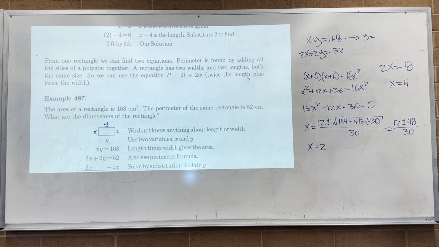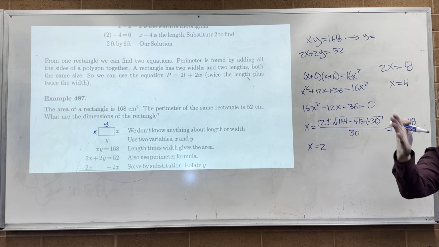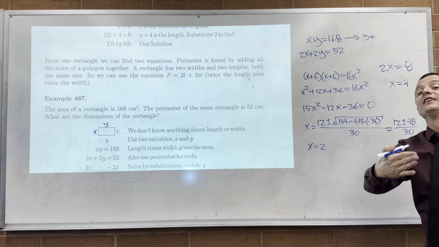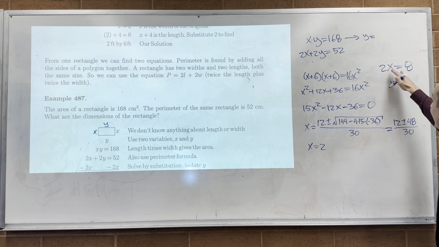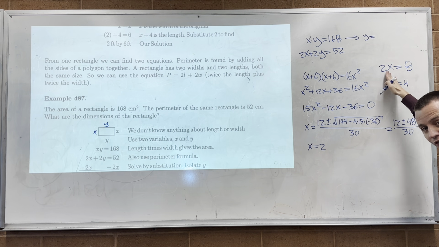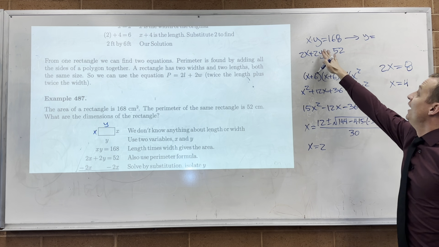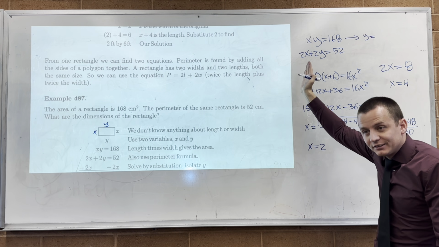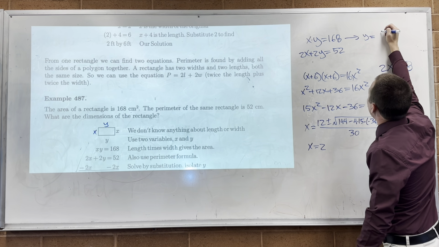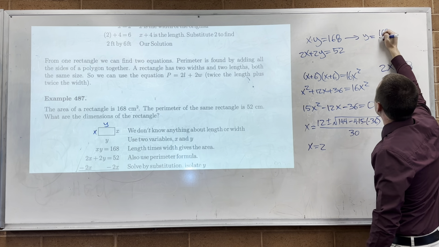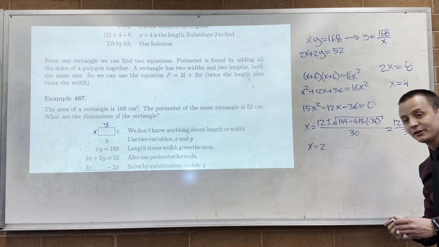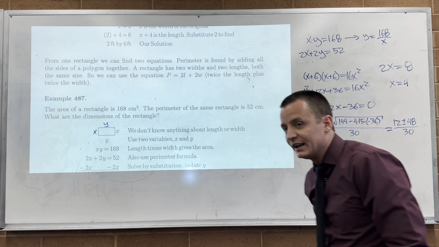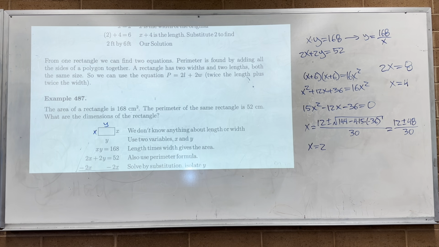How did you come up with that? You divided both sides by 2 to get the x by itself. So similarly, divide both sides by x to get the y by itself. So we get y is equal to 168 over x. Can we follow that? Just divide both sides by x.